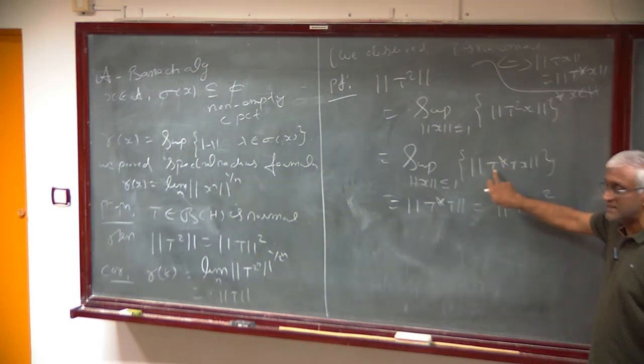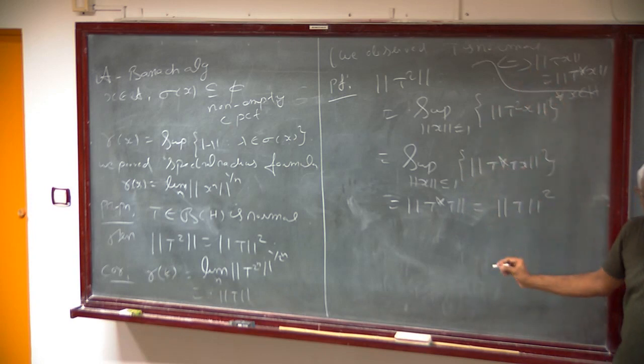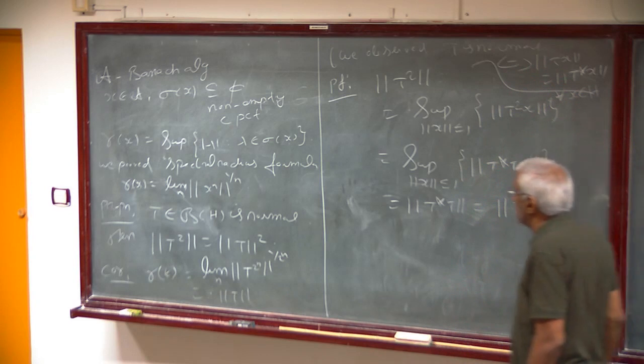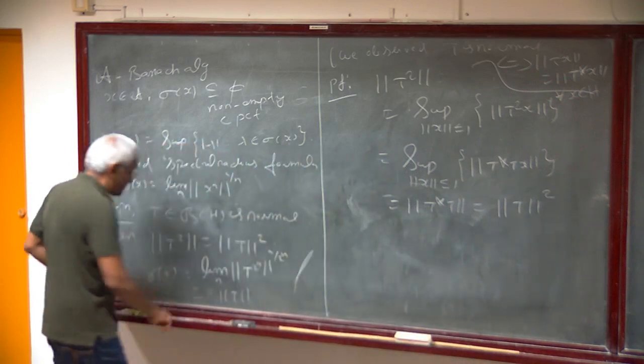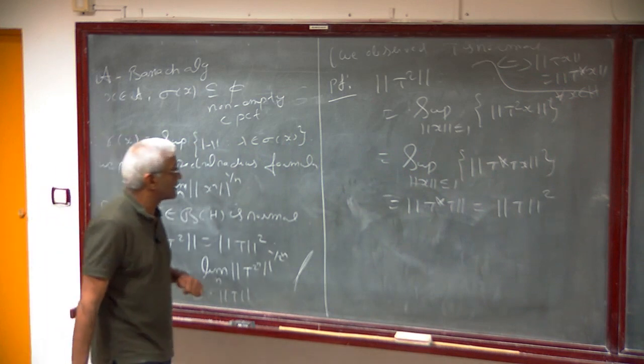Instead of T, I put a T star because this is true for all x; it's particular for Tx, so I have just inserted. So if T is normal, then this is true. Because of that, we got this crucial equality that R of T, the spectral radius of T, is the same as the norm of T.